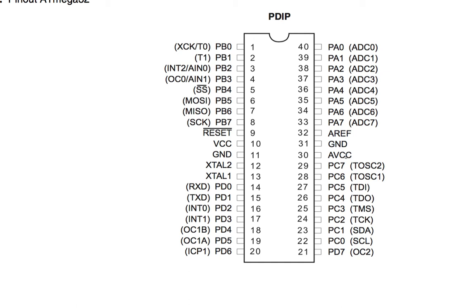Then you're going to use the ADCL or ADCH register to get the digital output. The ADCL keeps the lower byte of the value, and the ADCH keeps the higher byte. You must read from the ADCL before you read from the ADCH. Otherwise, the results will not be valid.